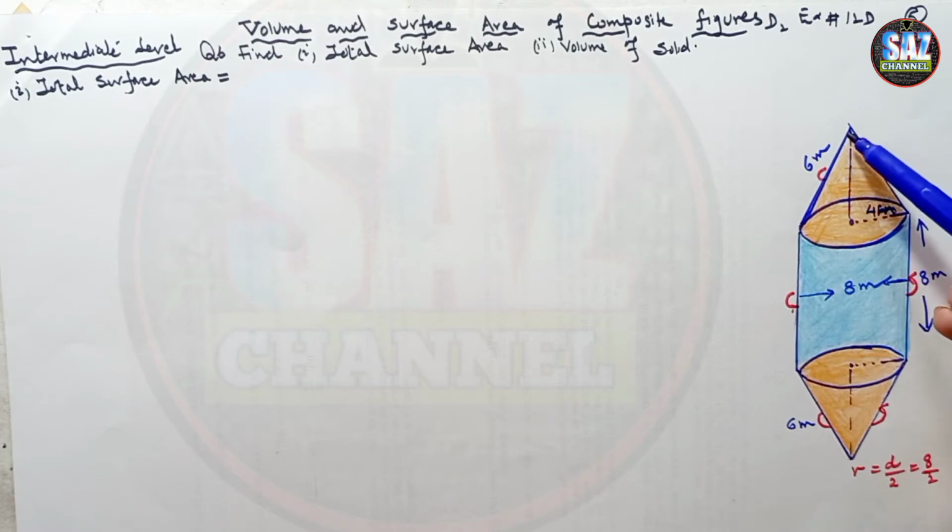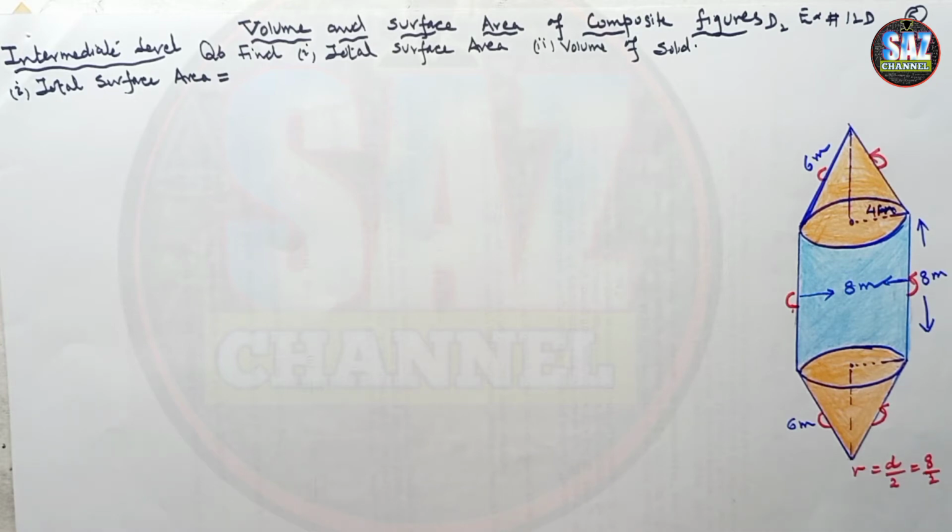The cone has a slant height of 6 meters. The cones at the top and bottom are identical. So to find the total surface area, we will find the surface area of one cone and multiply that answer by 2.